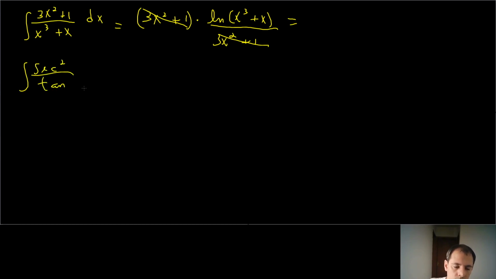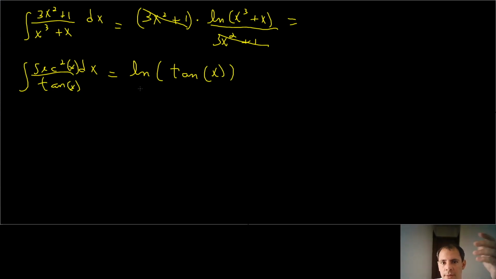Like in here, okay? So you have the integral of the secant squared of x divided by the tangent of x. Well, the secant squared of x is the derivative of the tangent of x. So this equals ln, and now here, the tangent of x can be negative, but you cannot have a natural logarithm of something that is negative.